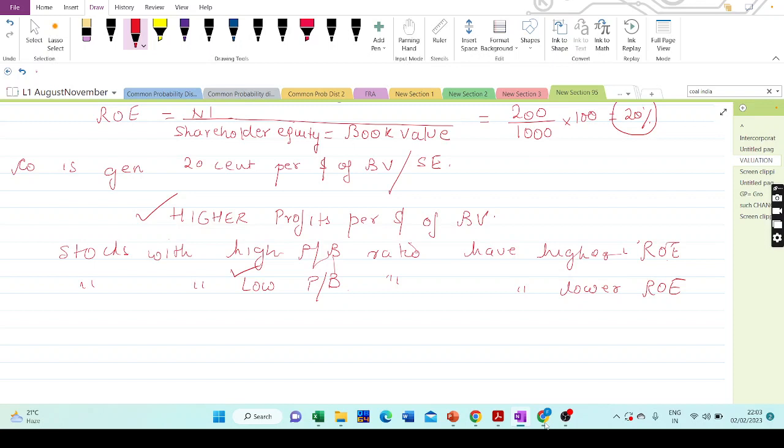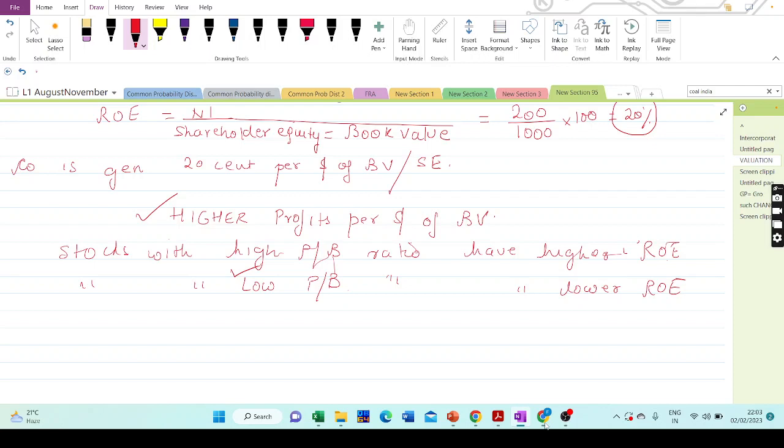Guys, please repeat what I said. A stock within the same industry and similar ROE. The stock that trades at a lower price to book is undervalued, and the stock that trades at a higher price to book is overvalued.